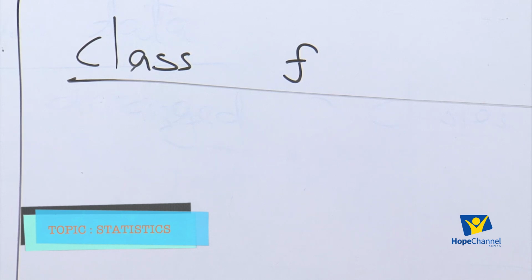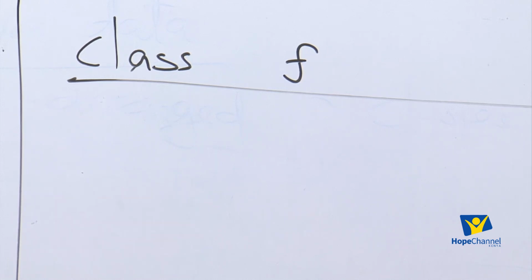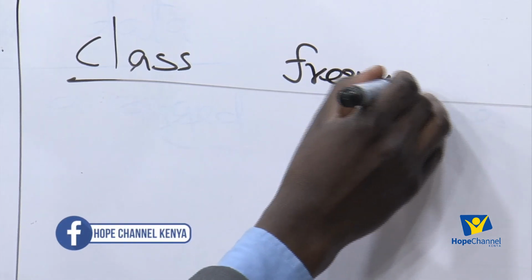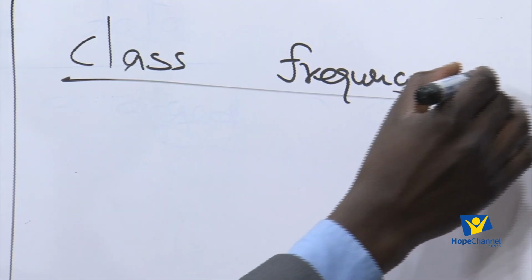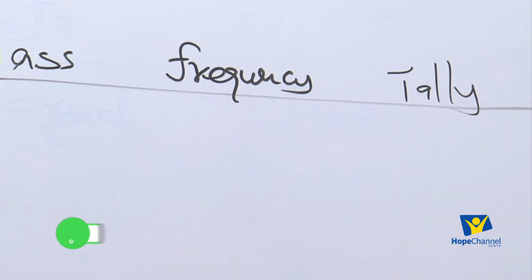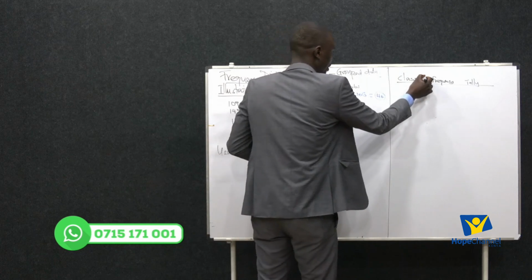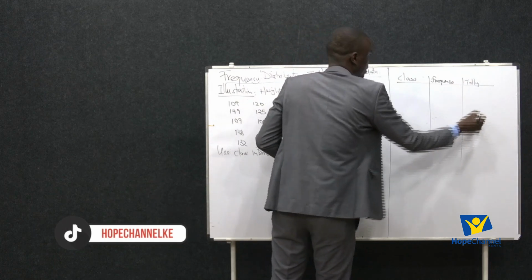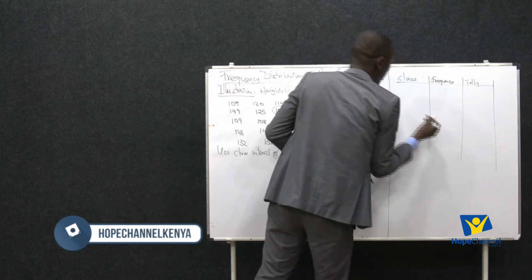So we'll be introducing a column of frequency and possibly what we had mentioned previously, that is called tally.